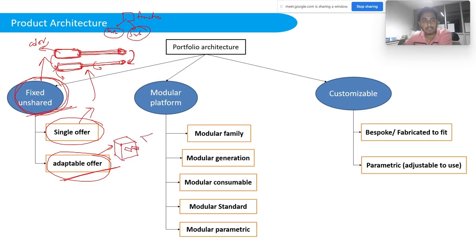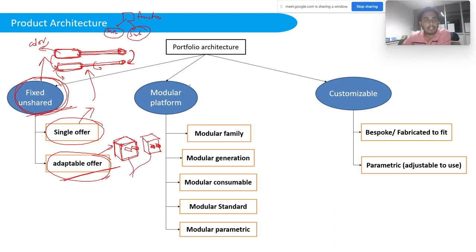However, if you go to European countries, they have a flat design. So there is some small adaptability you need to provide, although the major functionality of the product is fixed. So this is the second category.